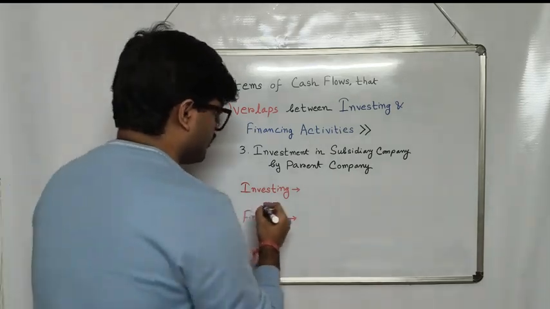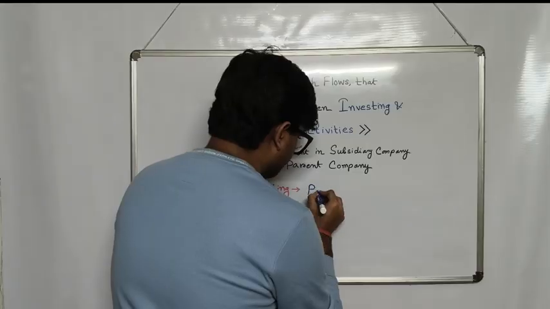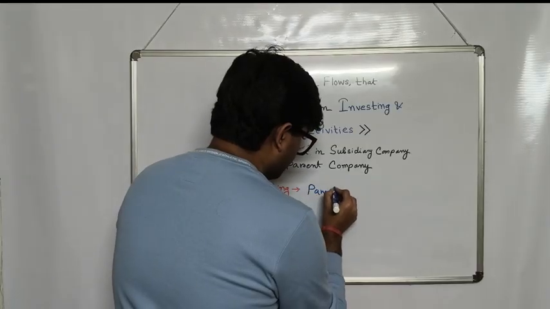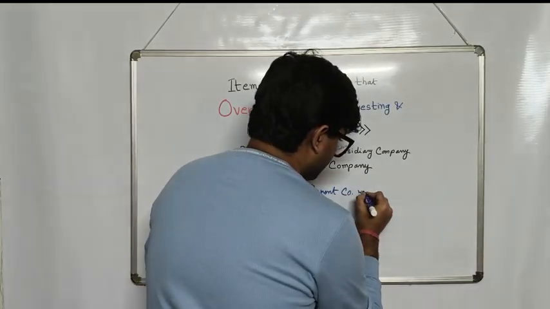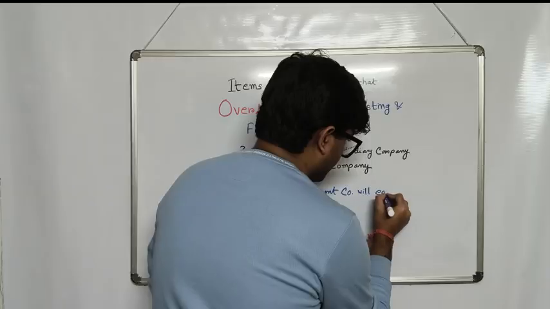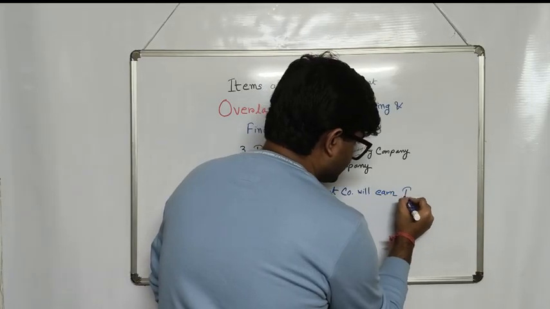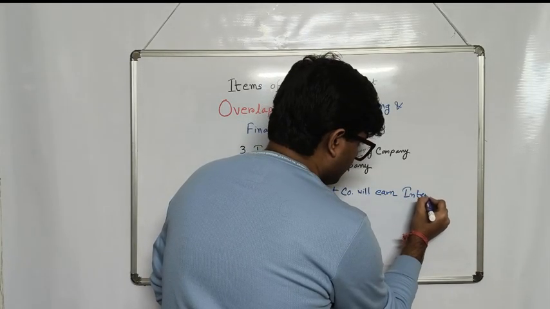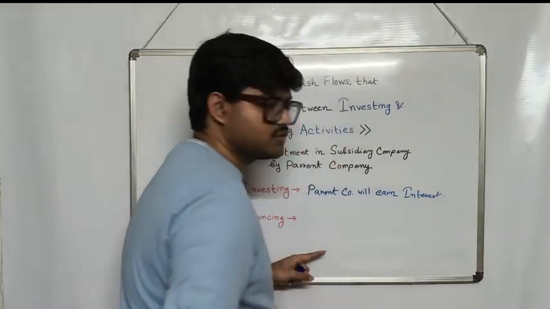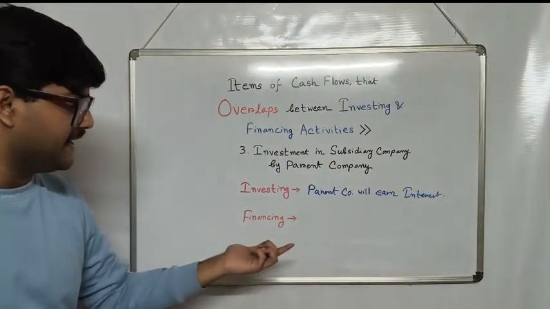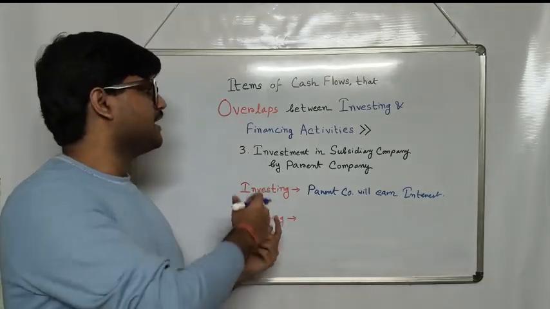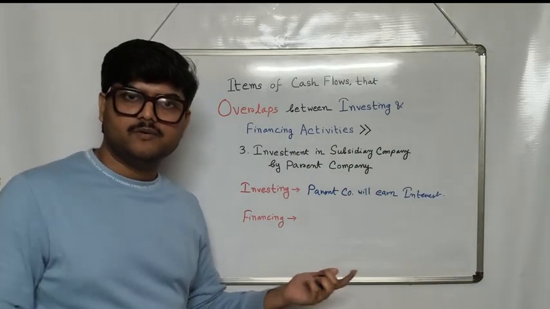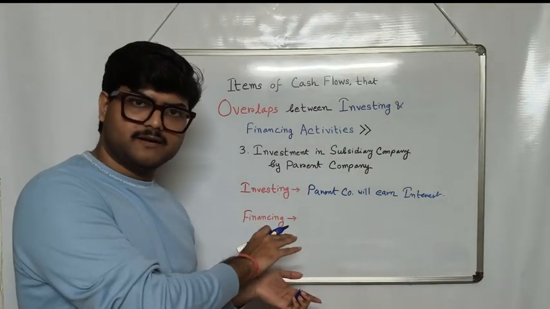So from the point of view of the parent company, it will earn interest, and also the loan will be repaid. The loan that the parent company is providing to the subsidiary company will be repaid to the parent company.